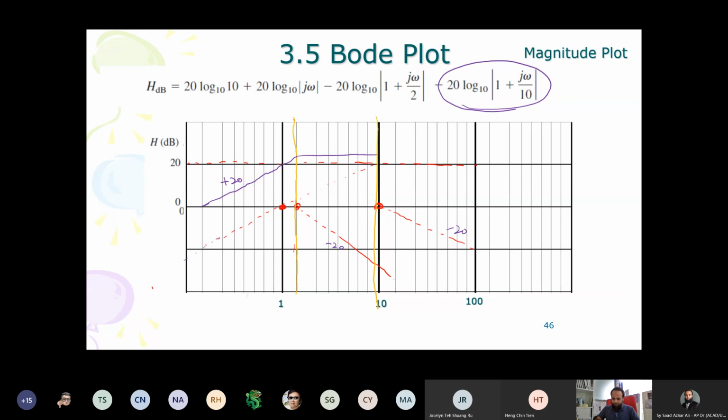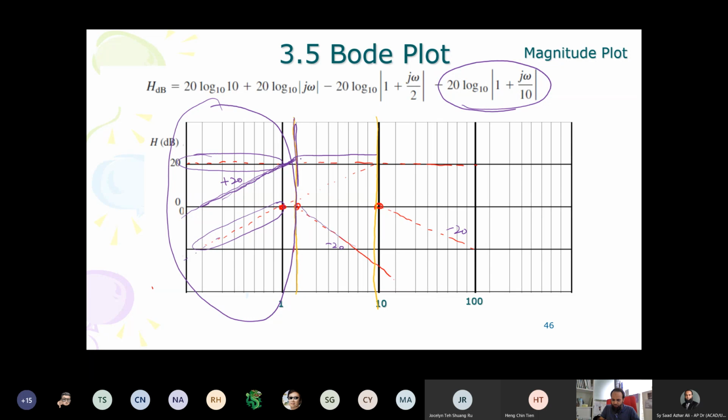Okay, anyways, now once again, at the beginning in this phase, there was this flat line and there was this plus 20 dB. So we can see that this positive 20 dB slope is like adding up. After this line, we have this plus 20 and minus 20.